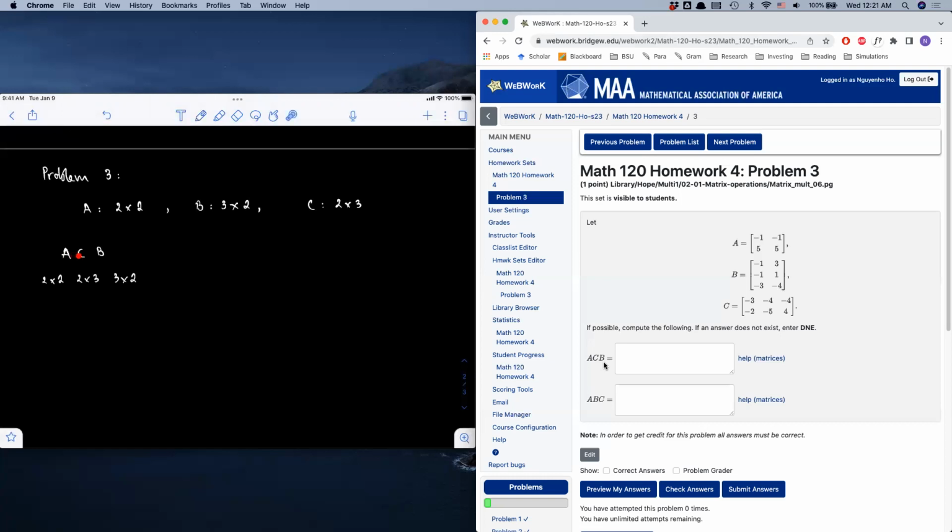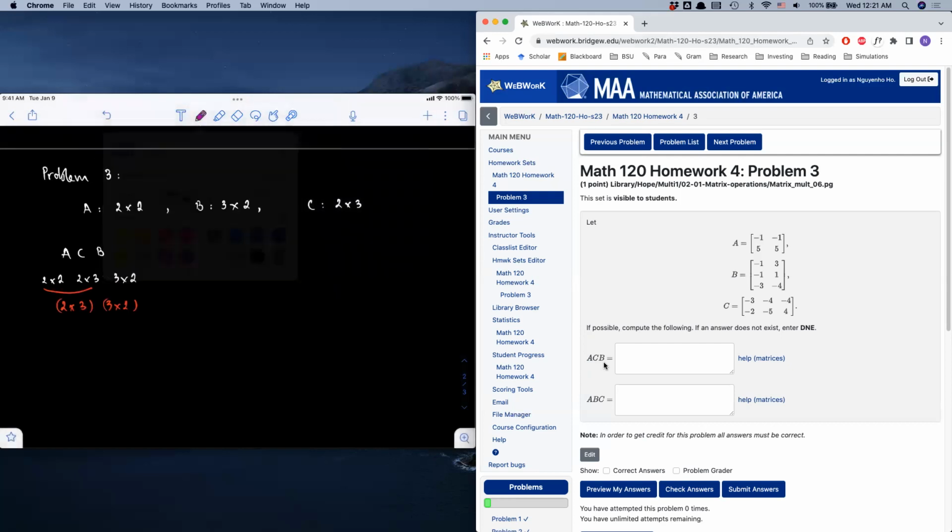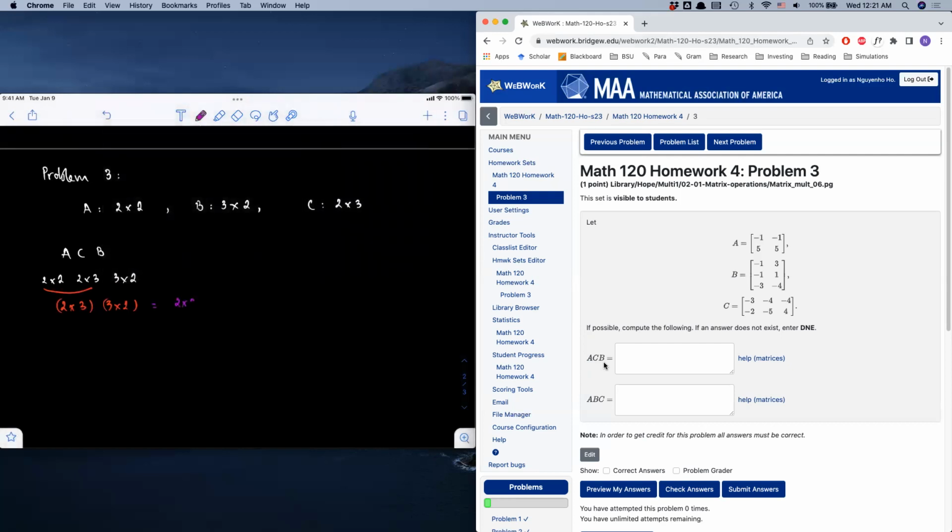Because to do A times C, the number of columns of A matches with the number of rows of C. When we do A times C, you're going to obtain a matrix of the form 2 by 3. And then you take the resulting matrix and combine that with the matrix B, 3 by 2. You should now get a 2 by 2 matrix at the end.